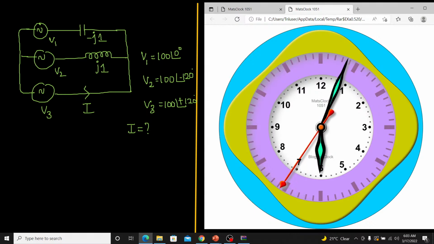Anyone got the magnitude at least for the current? You can apply nodal if you want. It has been a very long time now, so you can try it once. I'm just giving a clue. It is not necessary, but my suggestion is you can go with nodal to find out the current, or else you can do whatever you want. Choice is yours.